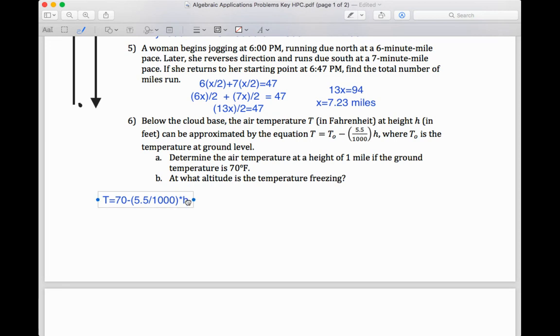It wants us to solve at a height of 1 mile. Well, this tells me that my height is actually measured in feet for this equation. So how many feet are in 1 mile? Hopefully you know it's 5,280 feet. And I can just go ahead and plug this into my calculator. And I get T is equal to 40.96 degrees Fahrenheit.